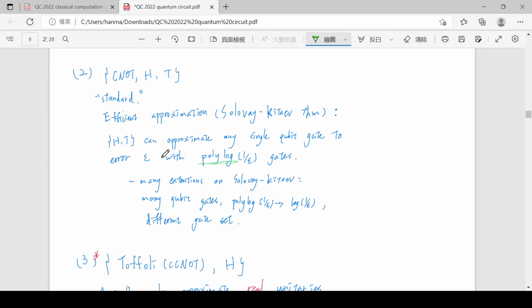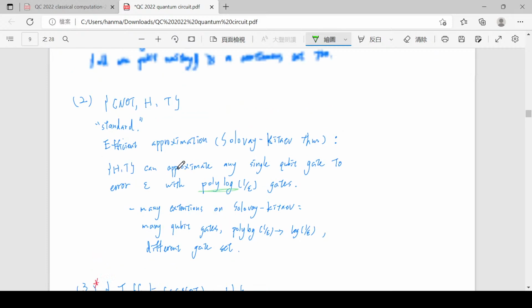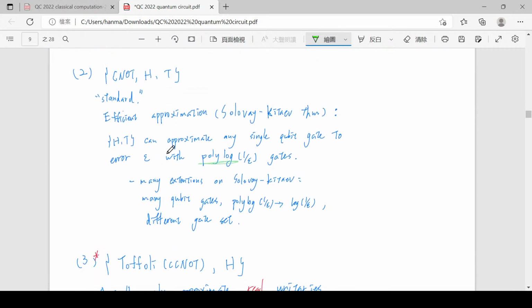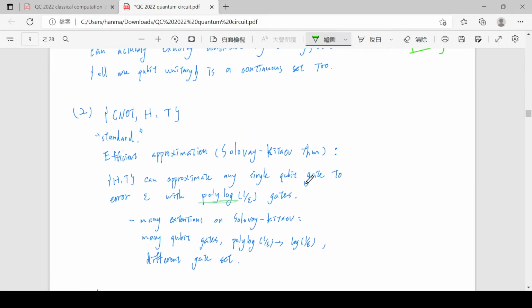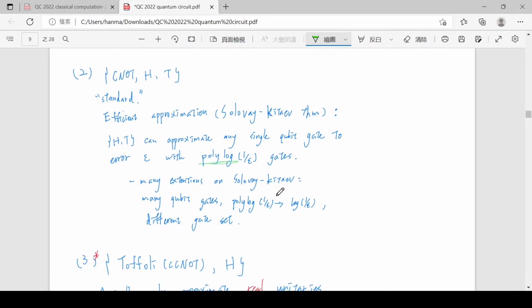We didn't define error, but it is some kind of distance between two unitaries or two matrices, and it's to polylog 1 over epsilon error. This is something very cool from a theoretical perspective, and even right now people are still trying to improve this, and there are many extensions on this.